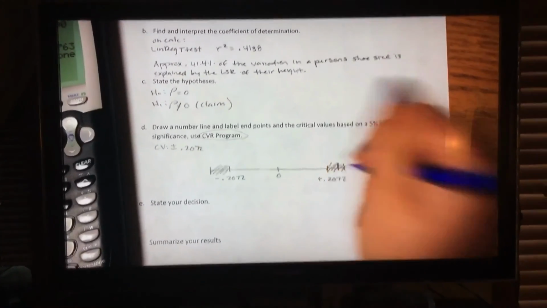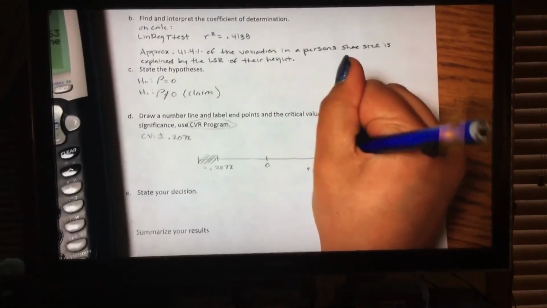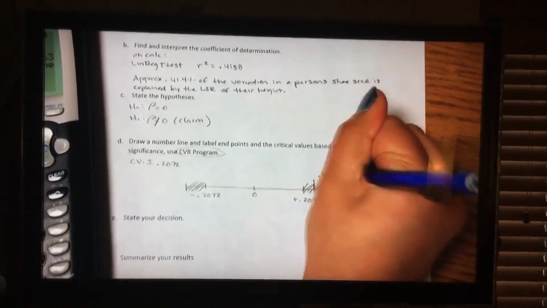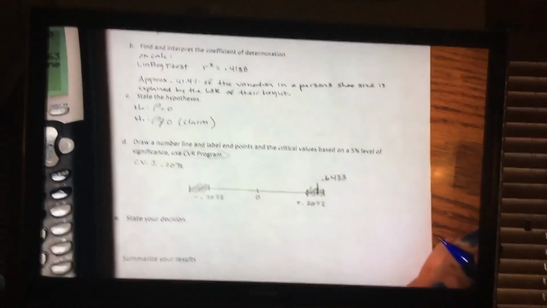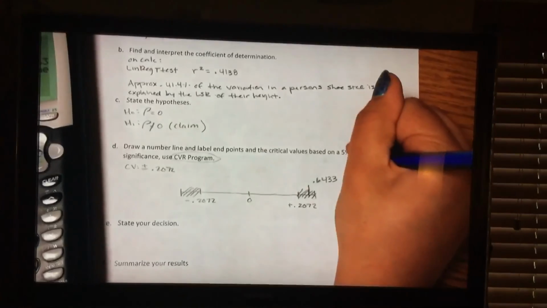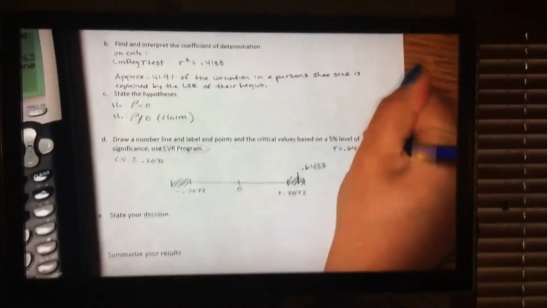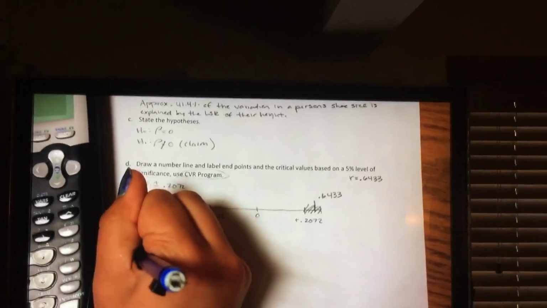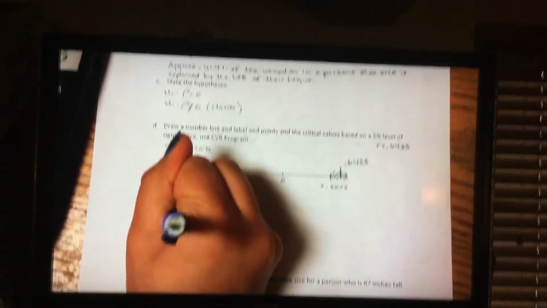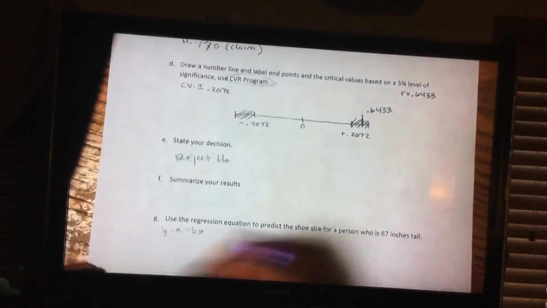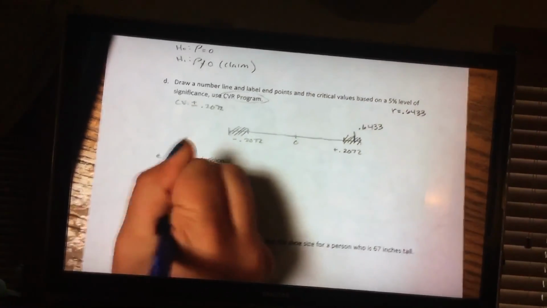So because R, our correlation coefficient, is 0.6433, that means that it falls within our rejection region. So here we have R equals 0.6433, and that's bigger than 0.2072, so we are going to choose to reject the null hypothesis.